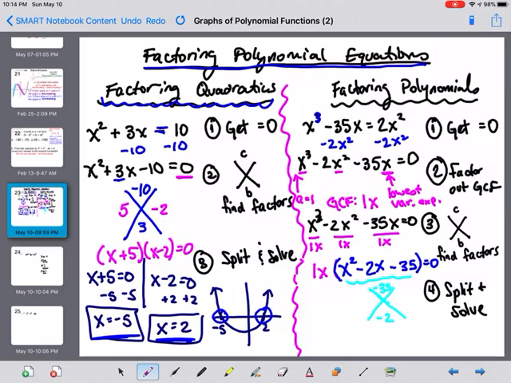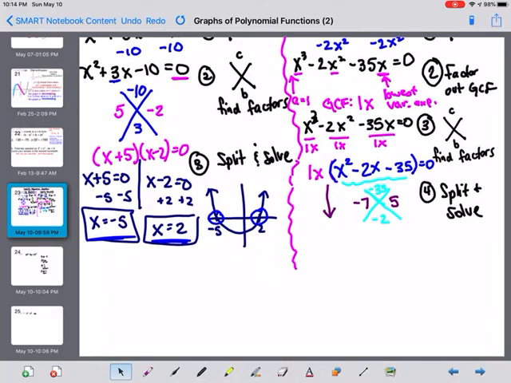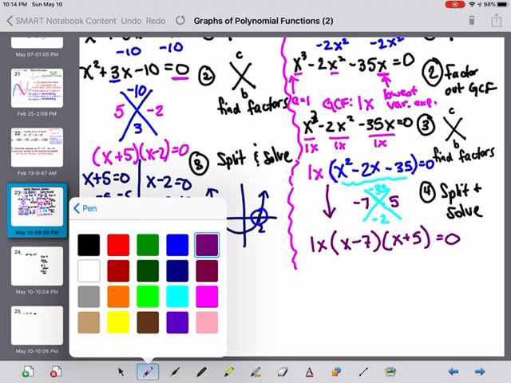And since the number it adds to is negative 2, I know the bigger number is negative. So it's negative 7, positive 5. So when I write everything now, okay, I'm going to write 1x on the outside, and then x minus 7 and x plus 5 equals 0.